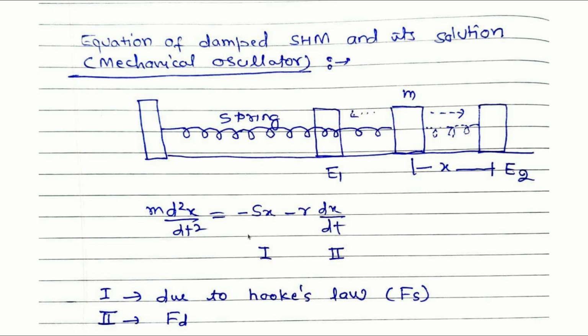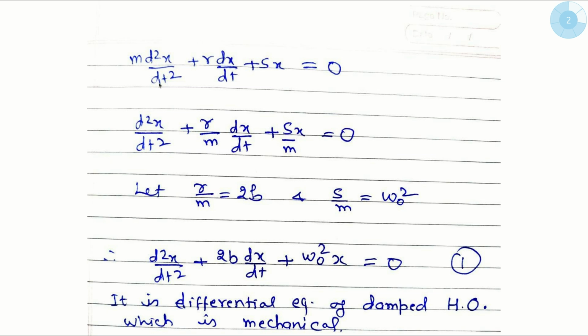The first term is due to Hooke's law applied to the spring to which we have attached mass m, and the second term is the damping force. We can simplify this equation. We bring both terms to the left side, so the right side becomes 0.